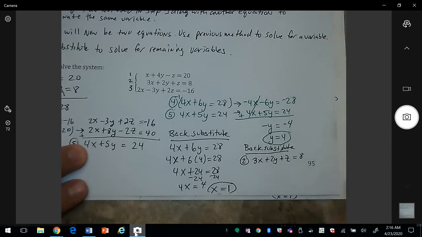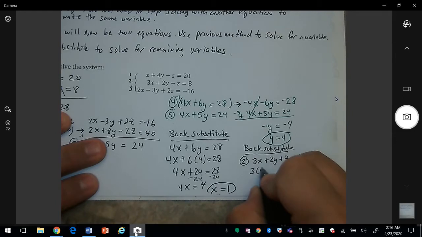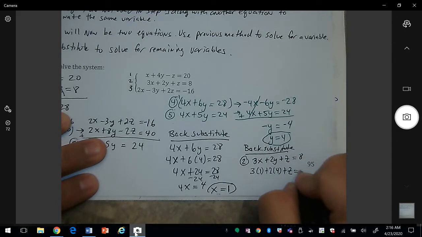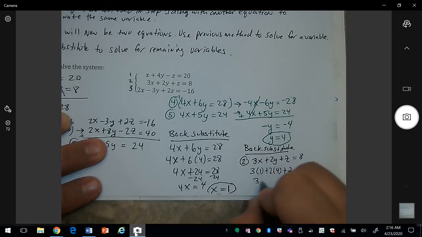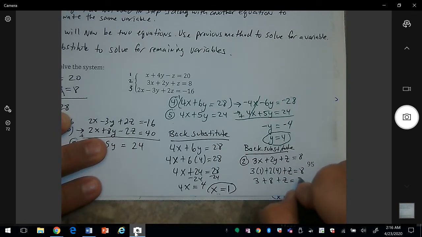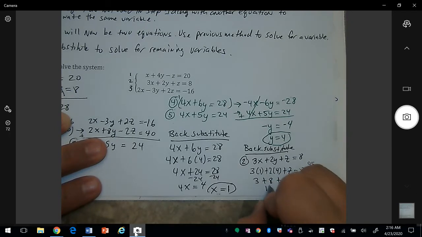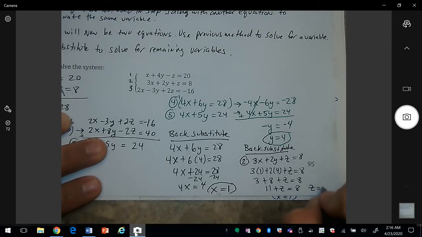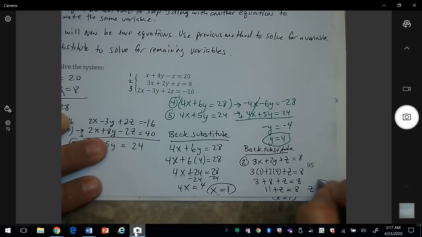Okay, so we know that x is equal to 1, y is equal to 4, 3 times 1 is 3, 2 times 4 is 8, 8 plus 3 is 11, subtract 11 on both sides, and so we get z is equal to negative 3.